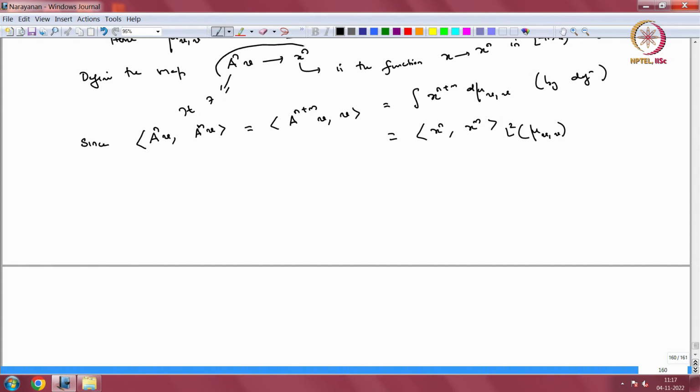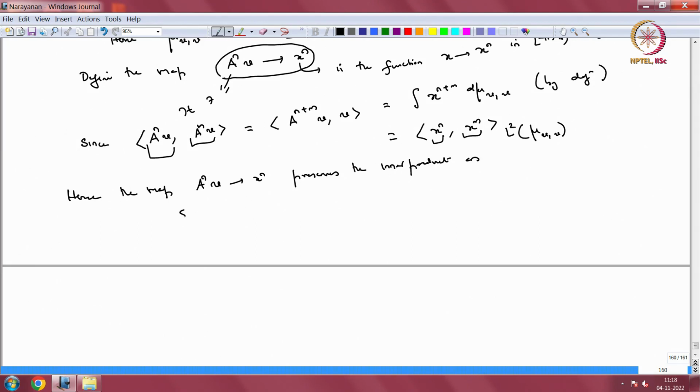Look at this again, the map is a to the n v going to x to the n, right. So, a to the n is going to x to the n, a to the m v will go to x to the m, right. So, this preserves the inner product. Hence, the map a to the n v going to x to the n preserves the inner product on the span of a to the k v, k equal to 0, 1, 2 and so on.